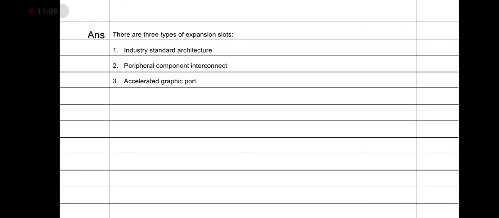On the right side, write expansion slot. This is the difference between expansion card and expansion slot. Question number 5, part 6. How many expansion slots are there in a computer? Write their names. Write the answer.